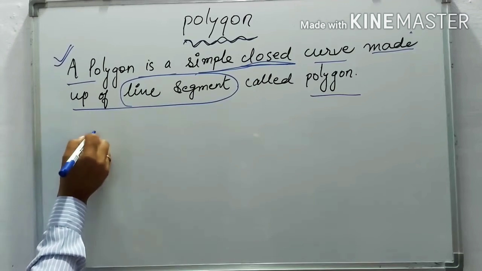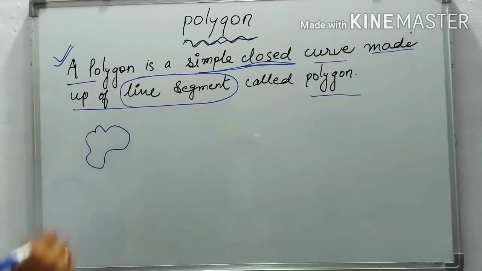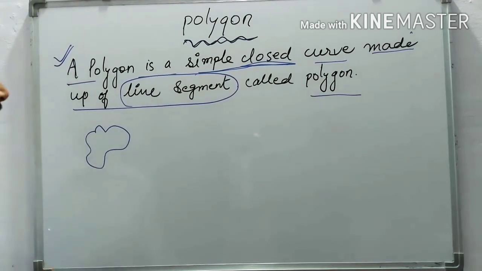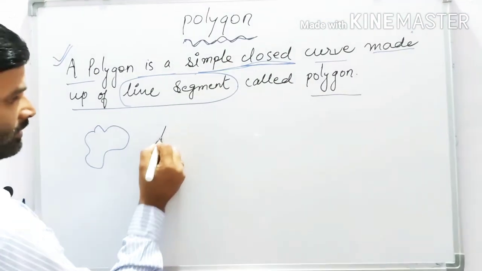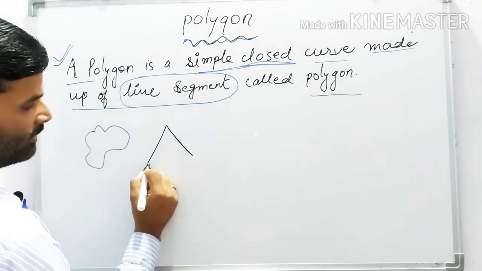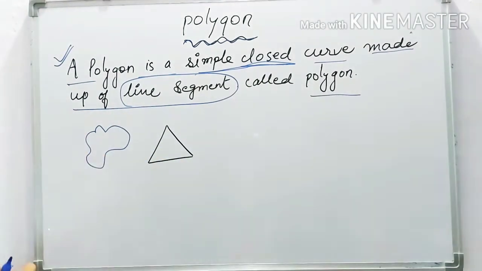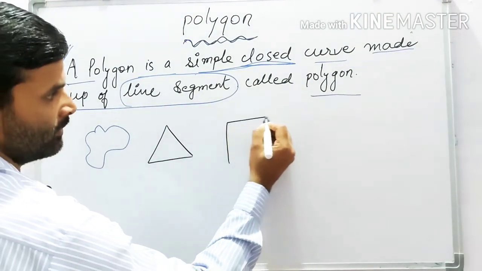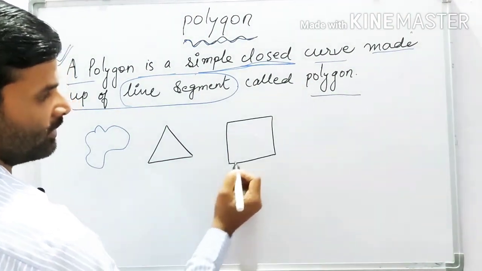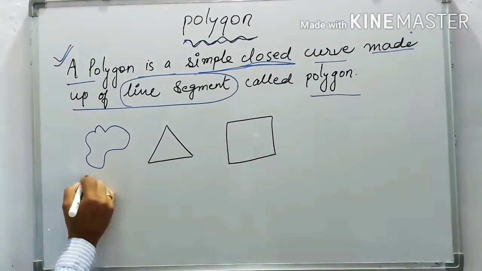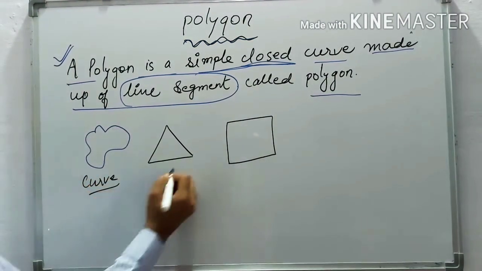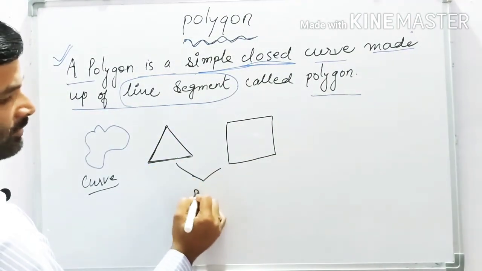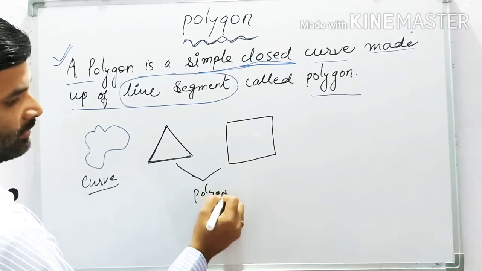A simple closed curve that is not made of line segments is not a polygon. If 3 lines are drawn, it is a polygon. 4 lines, a 4-sided closed curve, is a polygon. Because they are made by line segments, they are called polygons.